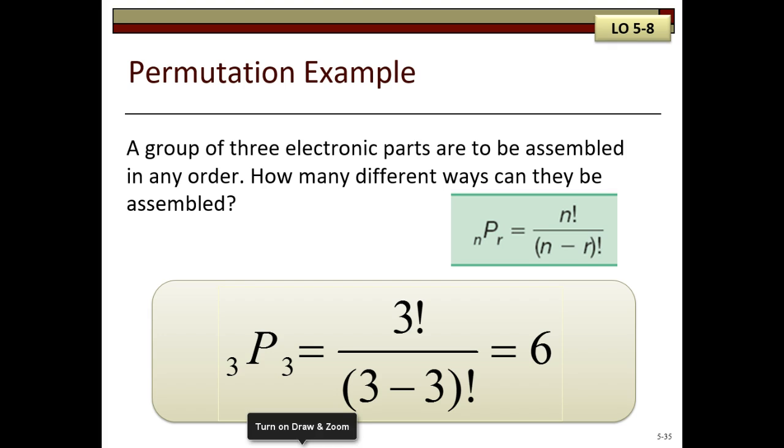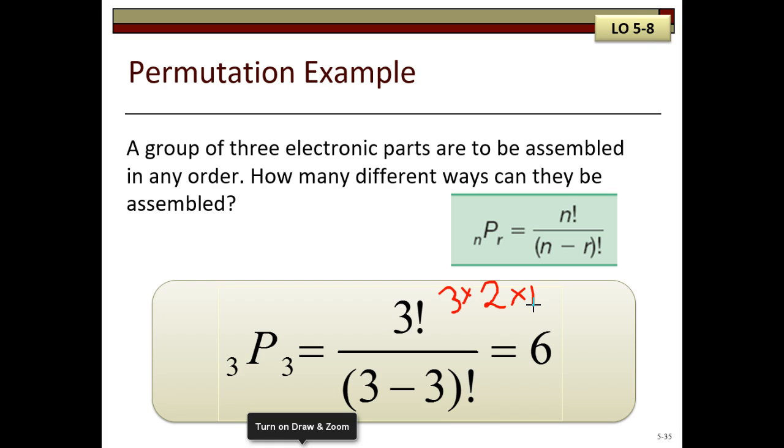To solve this, we've got 3 factorial on the top. Now remember that this is 3 times 2 times 1. 3 times 2 is 6, 6 times 1 is 6.